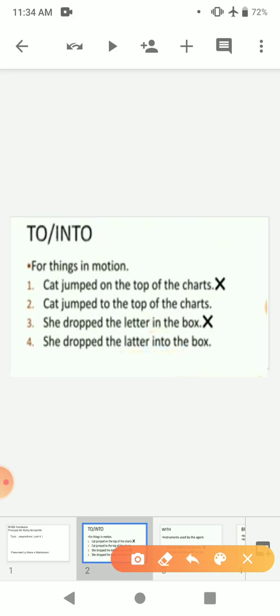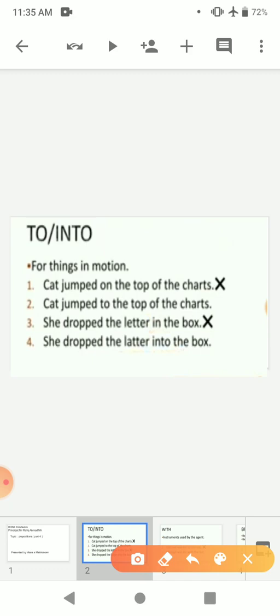Now, coming to the first example, the cat jumped on the top of the chart. While reading the sentence, it seems perfectly alright, but it's incorrect. Why?